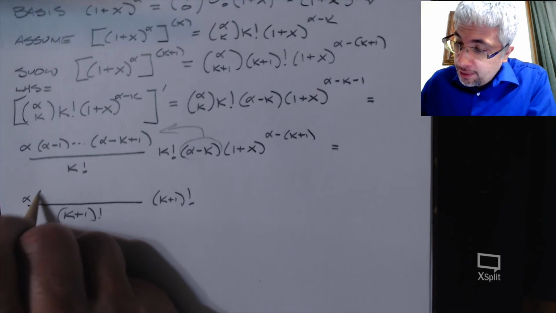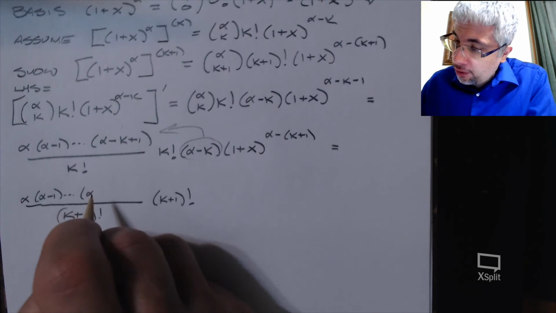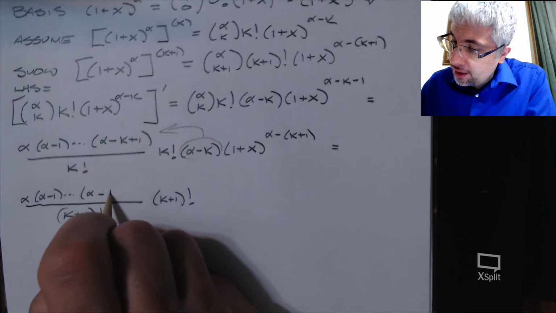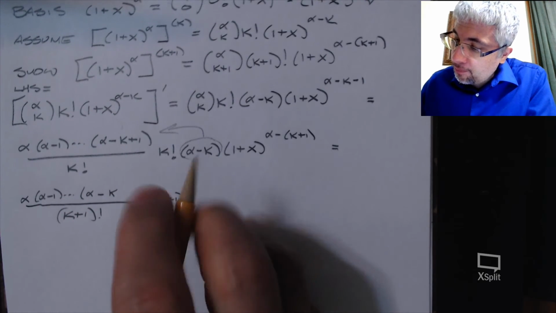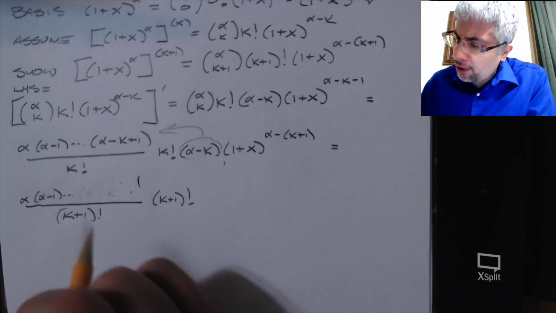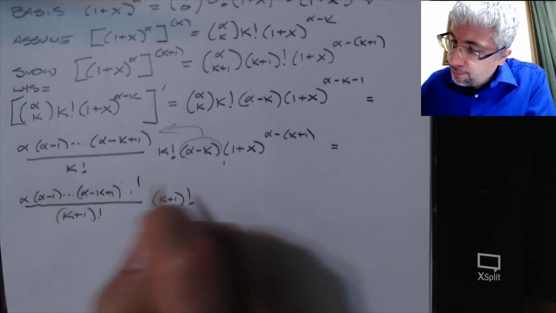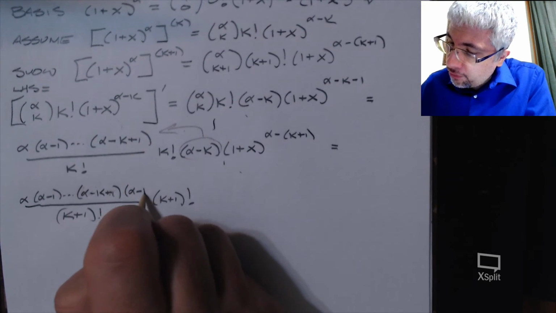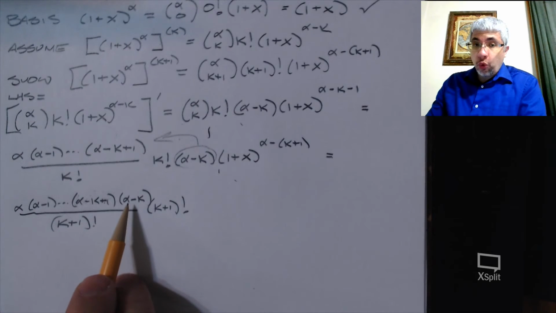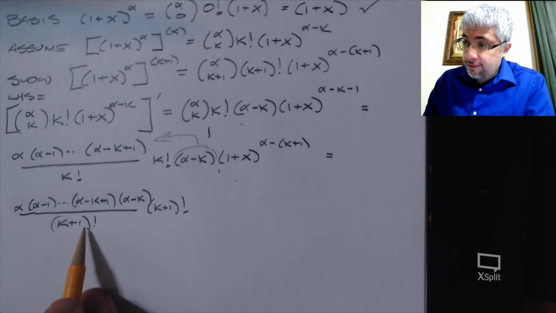Well, this is going to be all the way down to alpha minus k. I don't know how many terms is best to write here, but I'll just write both of these two, alpha minus k. So I have one further term down here, and I have this.